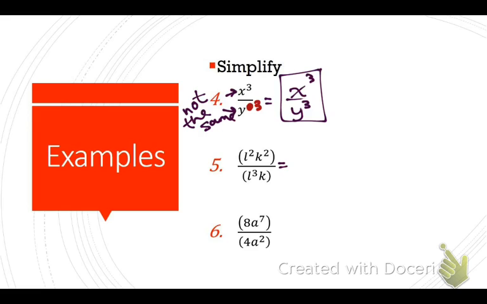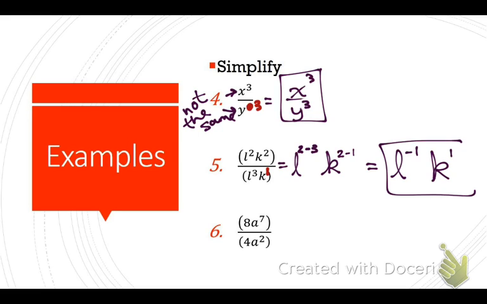So I have to make sure that I take the top exponent 2 minus the bottom exponent 3. Within the k's, I've got to recognize the bottom k has an exponent of 1. So really this is exponents 2 minus 1. Okay, so ending answer: L is to the negative 1, K is to the positive 1.